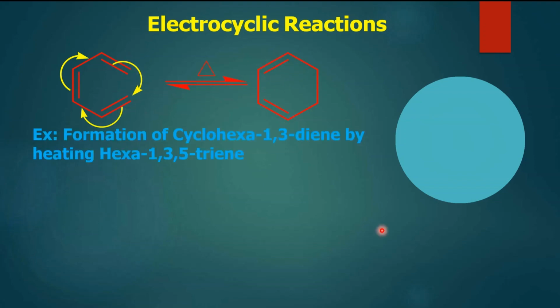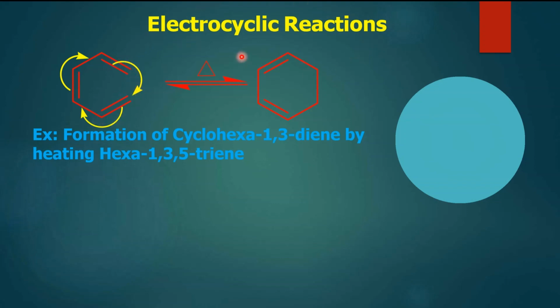This is formation of cyclohexadiene by heating hexa-1,3,5-triene. A cyclic compound is formed by the reorganization of pi electrons.